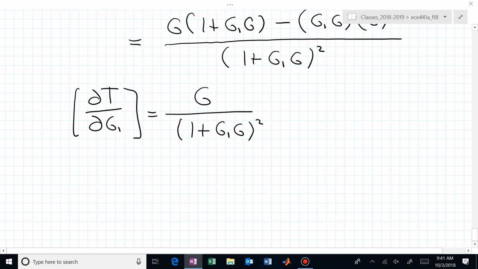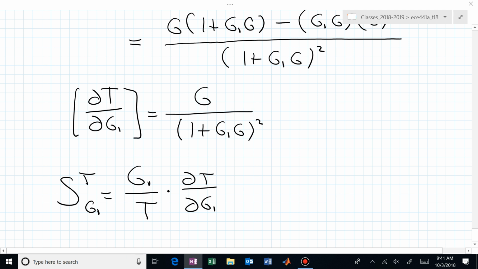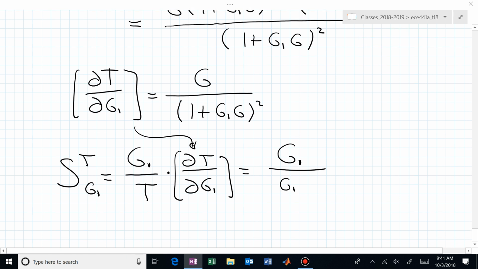The sensitivity of T with respect to G1 is now G1 over T times the partial of T with respect to G1. And that we just found. G1 is just G1, but T was G1G over 1 plus G1G, times G over 1 plus G1G squared.